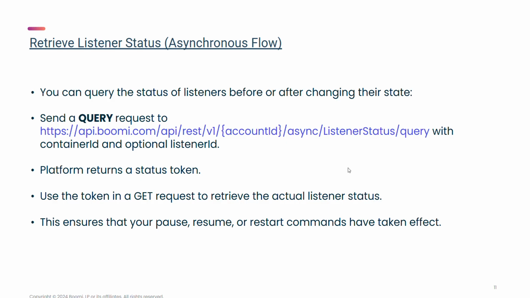This involves basically two steps. One is sending the query request. We would get a token, and we need to use that token to get the status of the listener. More detailed information on how this request can be built is available in the documentation help guide.